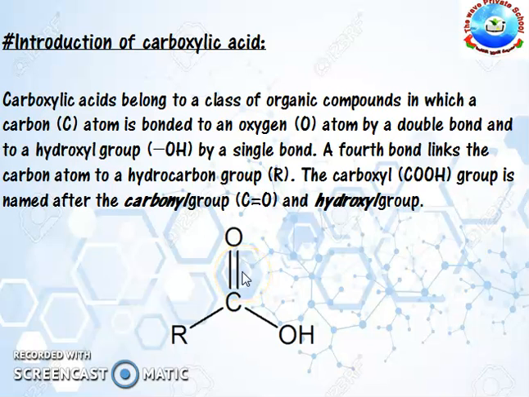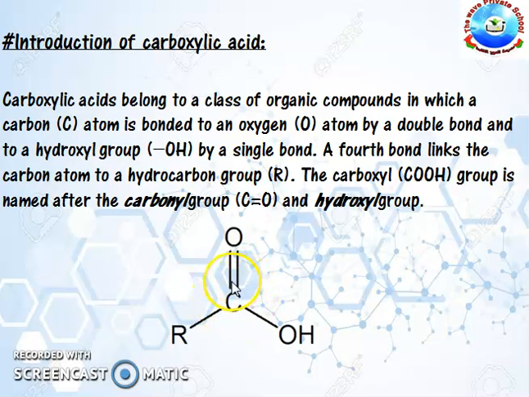This structure is called carboxylic acid, which belongs to the class of organic compounds in which a carbon atom is bonded to an oxygen atom by a double bond and to a hydroxyl group, that is OH, by a single bond. And the fourth bond is linked with an alkyl group. So got it? What is carboxylic acid?